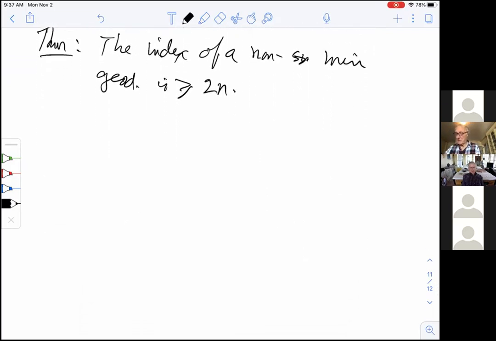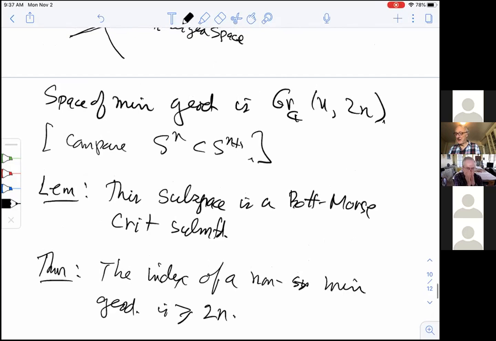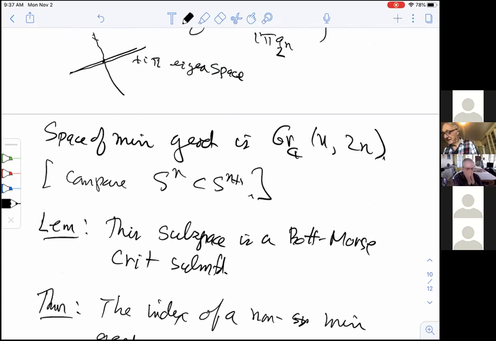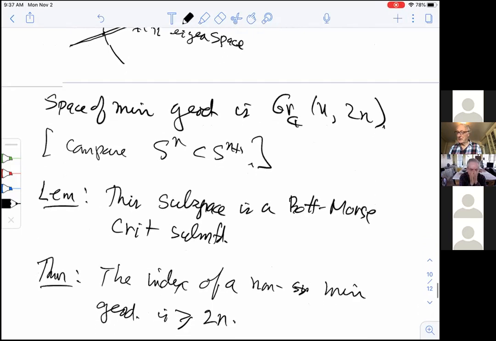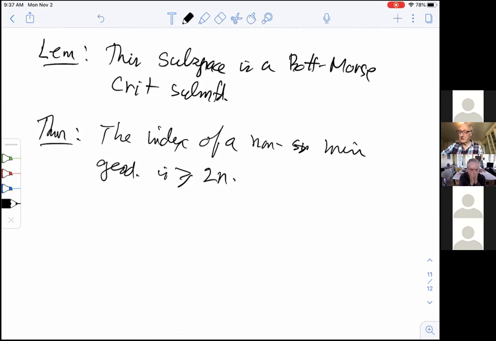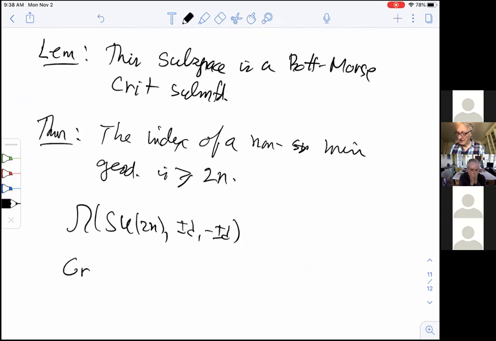So that's how we go about proving Bott periodicity. We've got this critical submanifold, which gives us a copy of the Grassmannian inside the loop space. We want to compare the topology of the two. So we want to see that the loop space of SU(2n), loops beginning at the identity and going to minus the identity, is written in homotopy theory as the Grassmannian of n-planes in 2n space, union cells of dimension greater than or equal to 2n.